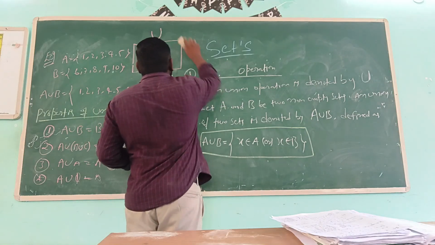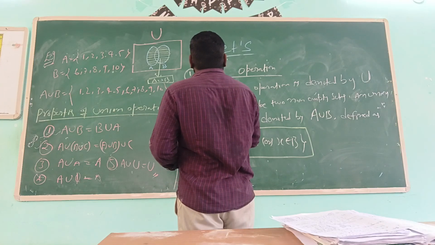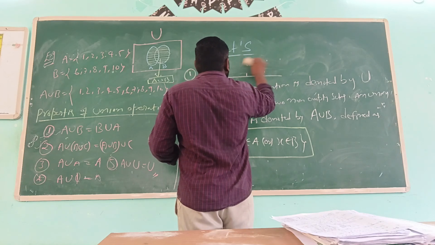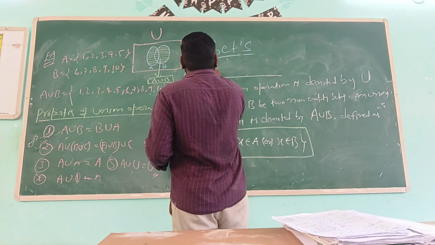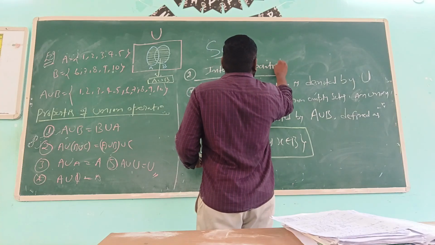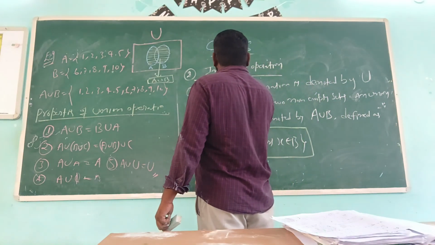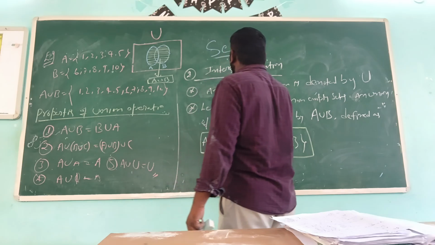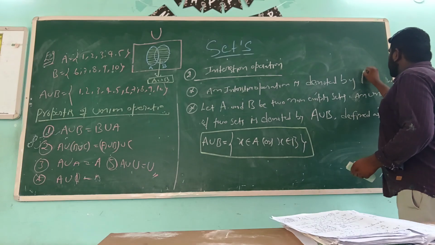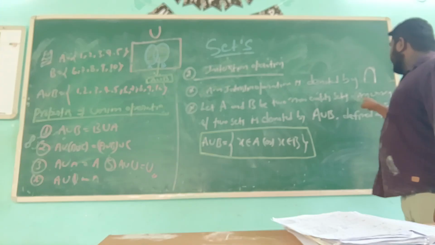The intersection operator is denoted by the reverse of U. Let A and B be two non-empty sets.